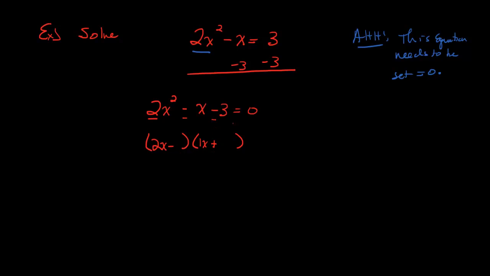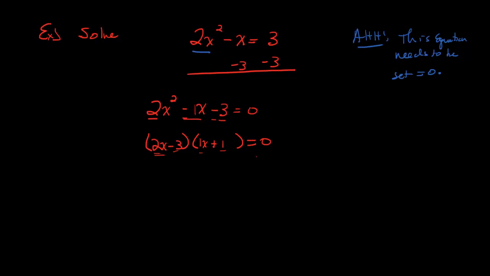That's going to be a positive. And factors of 3 that are going to give me a -1 are going to have to be a -3 and a +1. We get the 2x squared, and a positive 2x minus 3x gives me that -1x. So this breaks down to 2x minus 3 times x plus 1 set equal to 0.